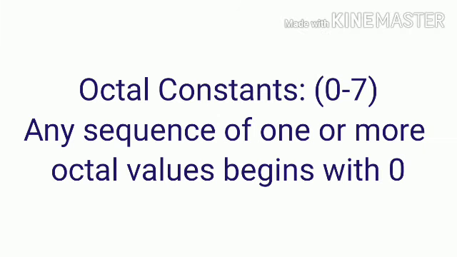Okay, the next concept is octal. It consists of one or more digits. The range is 0 to 7. Already we learned about these concepts in the number system. An octal value starts with 0, so that kind of values are considered octal constants.